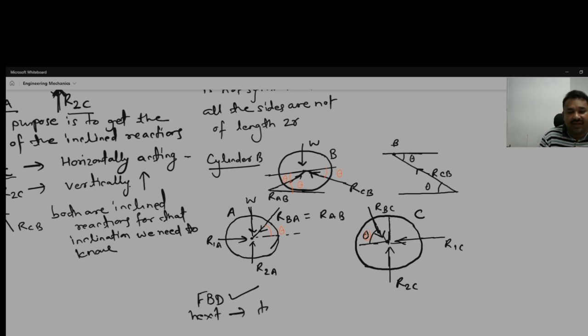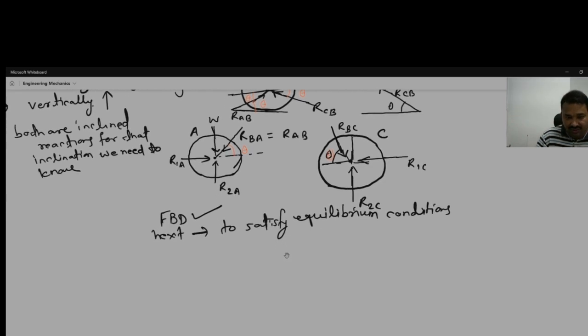Next, to satisfy equilibrium conditions. So what are those conditions? We know summation of Fx is equal to 0, summation of Fy is equal to 0, because we are talking about only a plane.